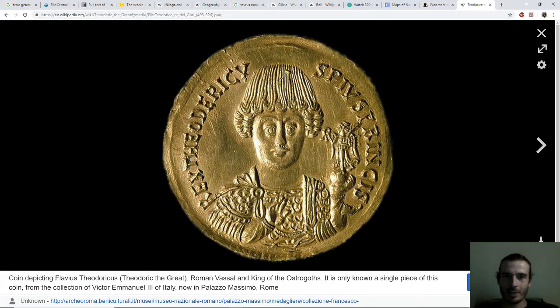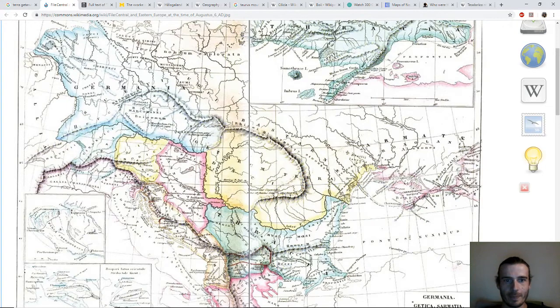That's an elongated skull. He was an Ostrogoth, and if you've been following me, the Goths are really the Getae. The Getae come from this area.